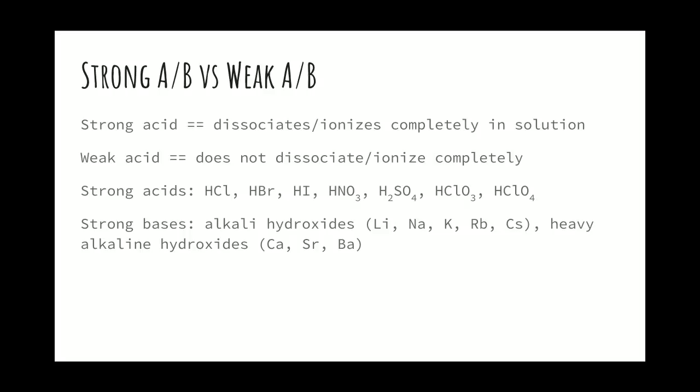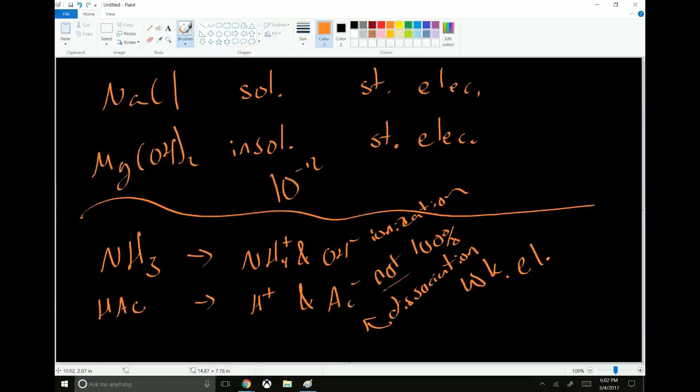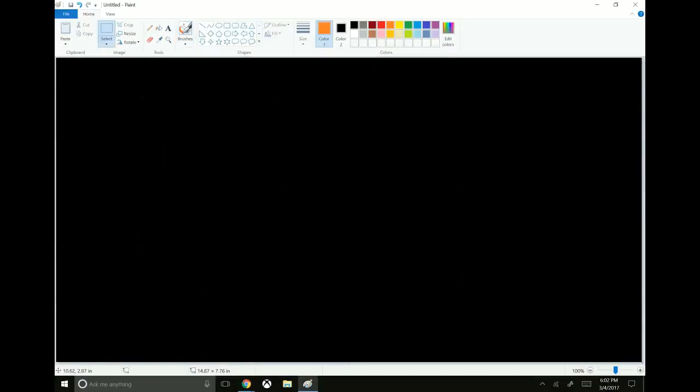But some polyatomic acids are also nice, strong acids. Nitric acid, sulfuric acid, chloric acid, and perchloric acid are also strong acids. I should say sulfuric acid is the odd one out because it has multiple acidic protons. Hydrogen sulfate 1-, HSO4 minus, is also an acid, but it's a weak acid. The first proton is a strong acid. The second proton is a weak acid. Let me go ahead and write that out.